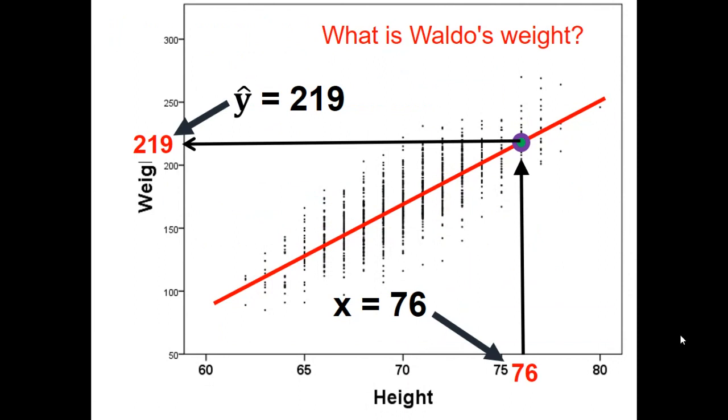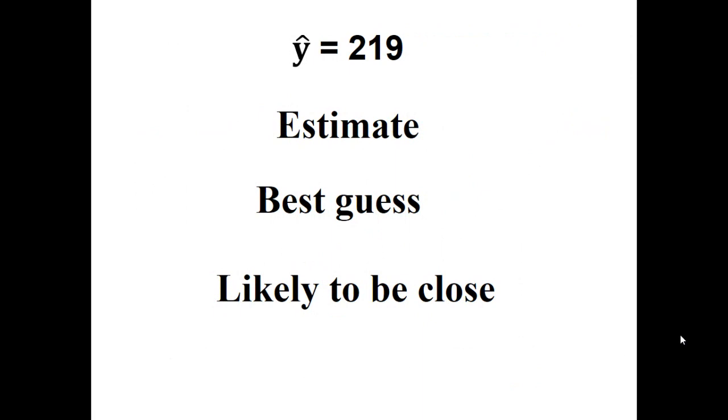The coordinate of the prediction point on the y-axis is our estimate, which is called y predicted. For Waldo, y predicted equals 219 pounds. Now, y predicted is just an estimate. It's our best guess. And there's no guarantee that it's completely accurate, but it's likely to be close to the truth.